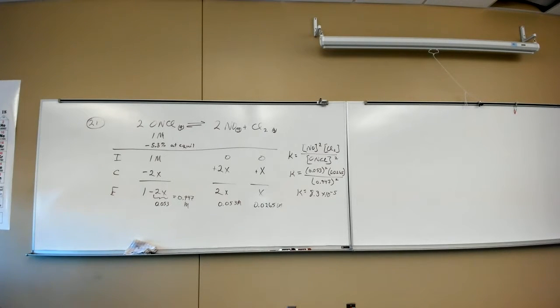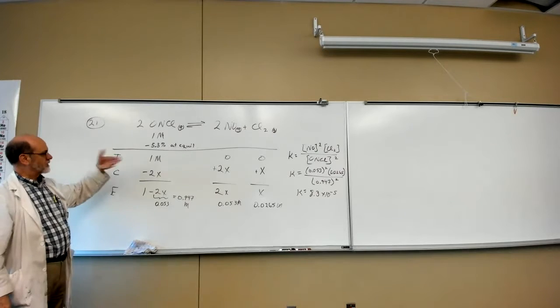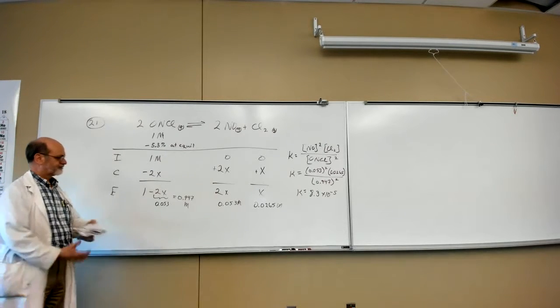So I'll modify this one for the next class. Not working with the fraction is nice. Okay. So that's actually calculating a K value from this dissociation information.